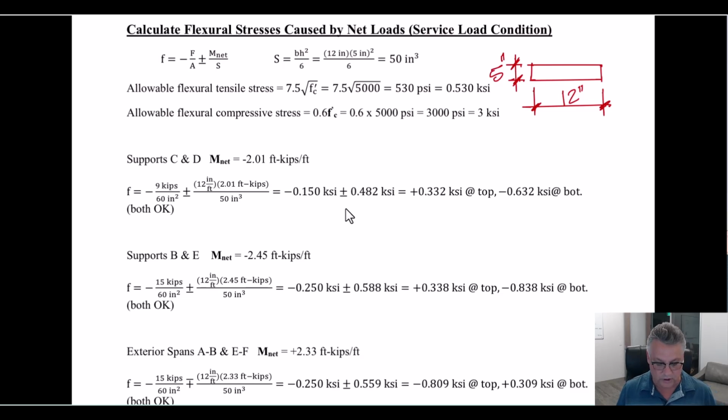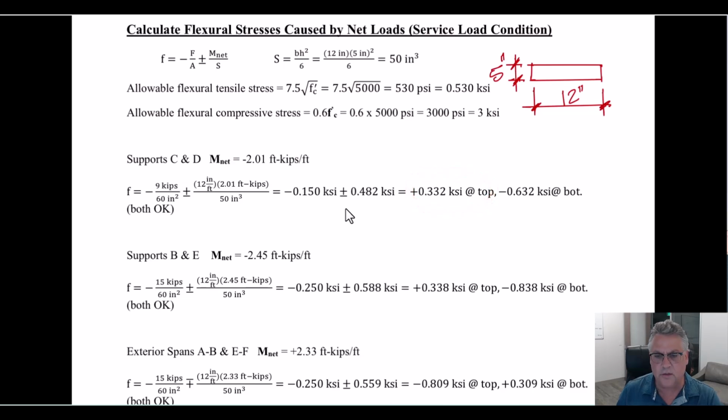So we're checking the stresses now. We're going through the same steps and the same process that you went through in your project. So stress design: minus F over A plus or minus M net, which is 2.01 foot-kips per foot. Negative 0.15 plus or minus 0.42.